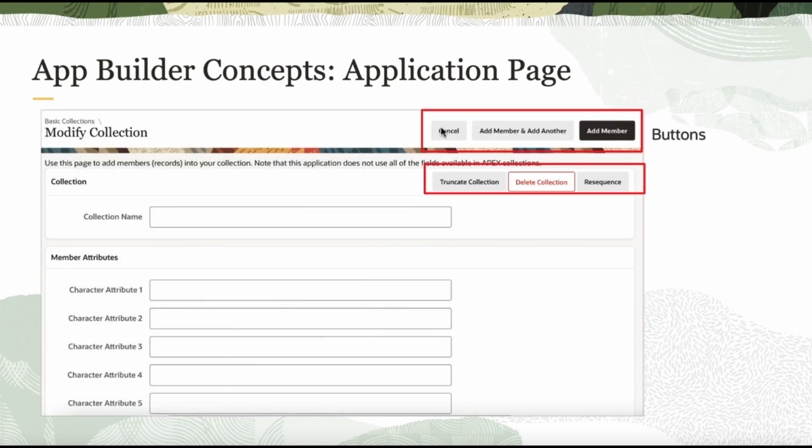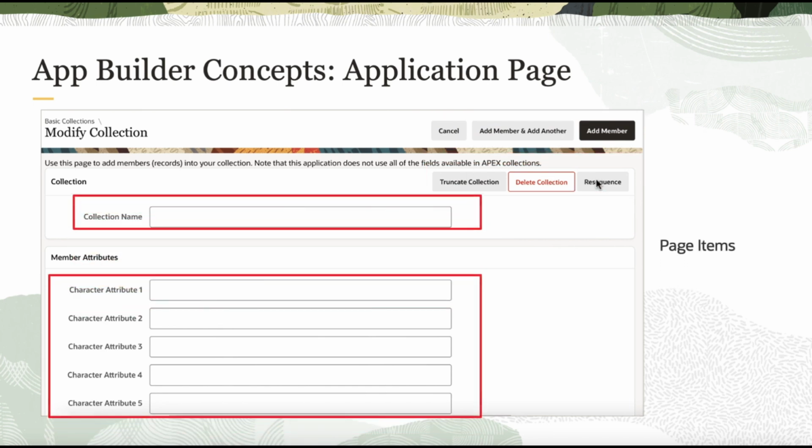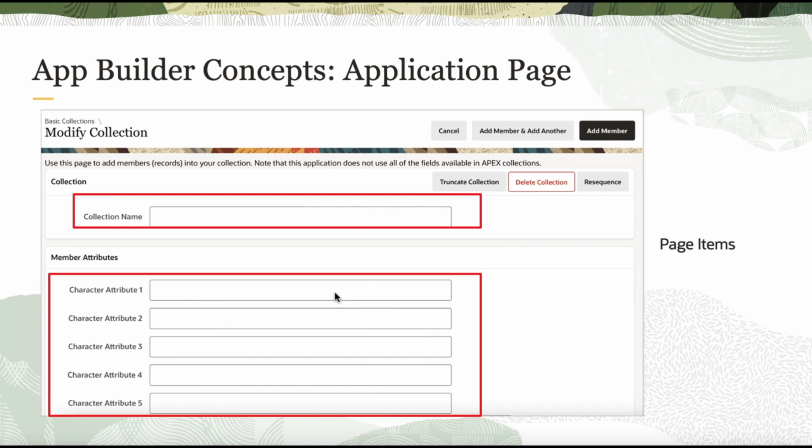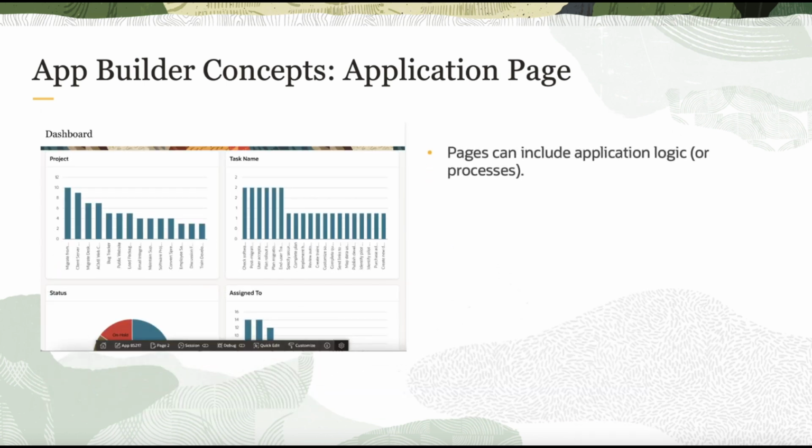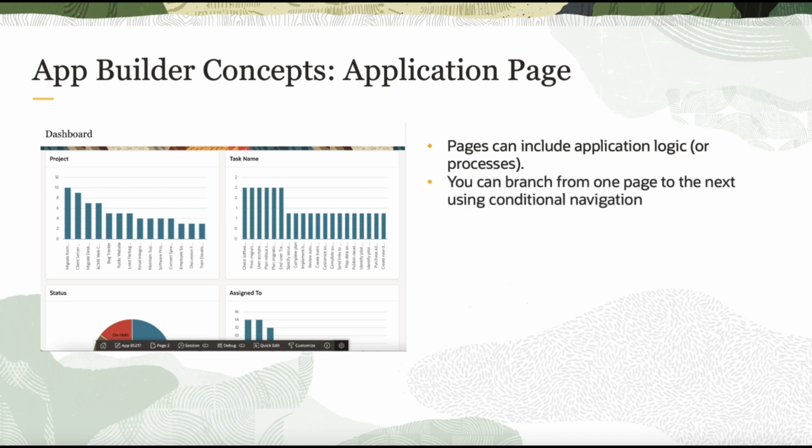Each page can have buttons and fields called items that are grouped together into containers called regions. Pages can include application logic or processes. You can branch from one page to another using conditional navigation.